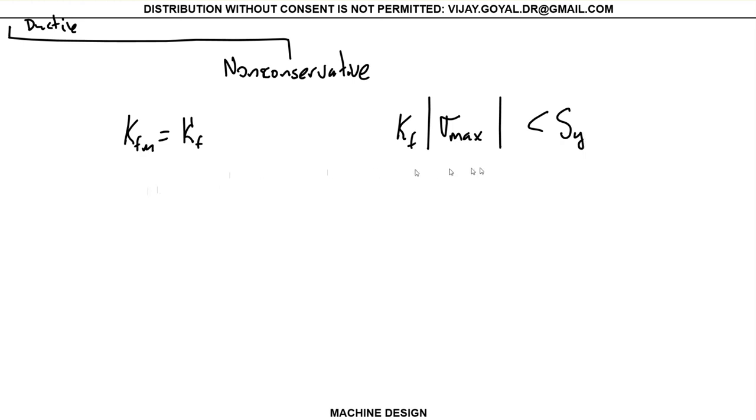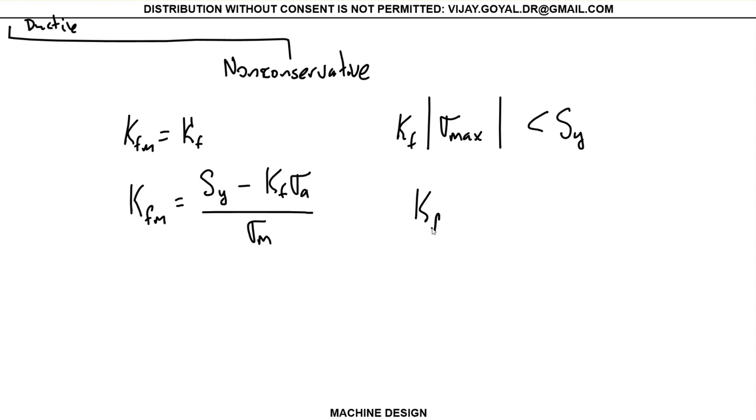If this is true, then you use this factor. Otherwise, you're going to make this equal to sigma yield minus KF sigma alternate, sigma mean. And these are the stresses that you get without applying any factors. So you find KF sigma max, and this is bigger than sigma yield.